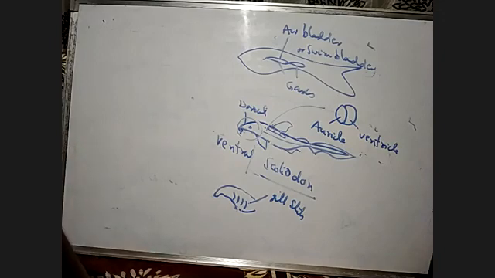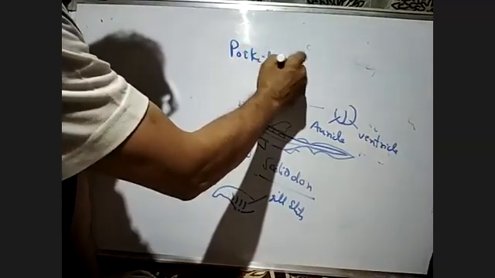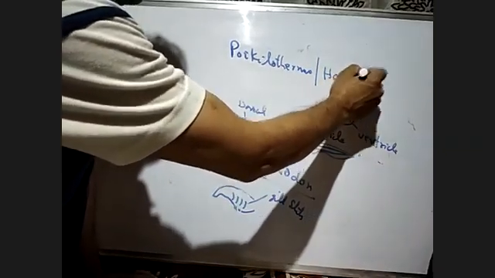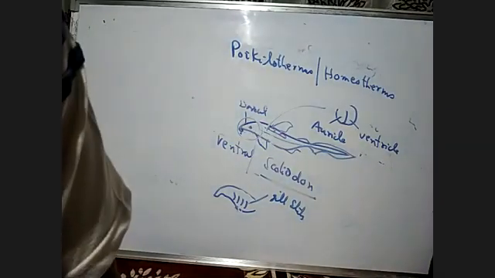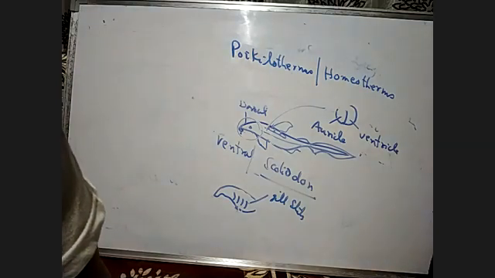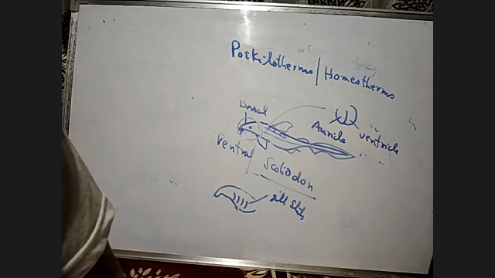According to temperature, we can classify animals into two types here. One is called poikilotherms, and another is called homeotherms. Poikilotherm animals cannot equalize their body temperature with the temperature of the environment, and homeotherms can. So if the temperature of the environment is 40 degrees, their body temperature is also 40 degrees. But in the case of a poikilotherm, the environment may be 40, but their temperature will not be 40 degrees. It may be less.